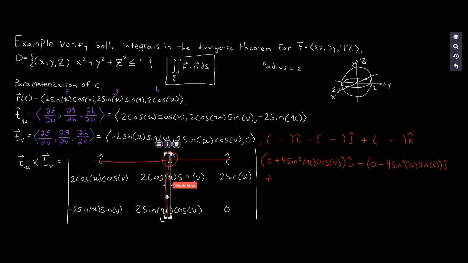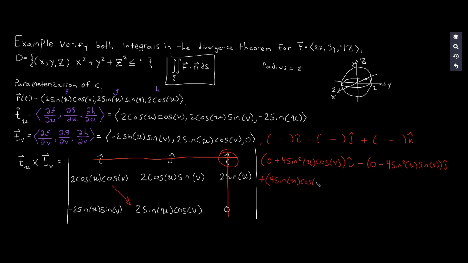Well, what's going on with k hat? Yeah, we have to find out. It's up to us. K hat is going to be 2 times cosine of u times cosine of v times 2 times sine of u times sine of v. What is that? 4. So who's doubling up? The cosines are. So we're going to do 4 times sine of u times cosine of u, and we're going to try to be conservative with space because we've got more to write. So this is going to be cosine squared of v.